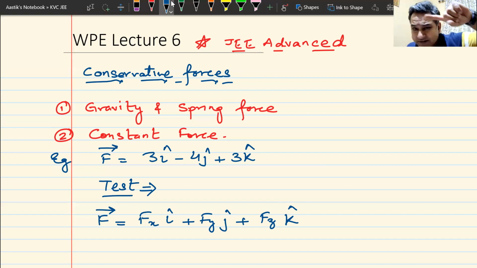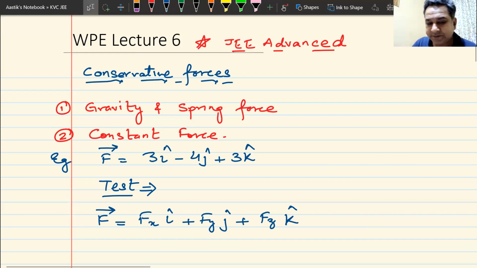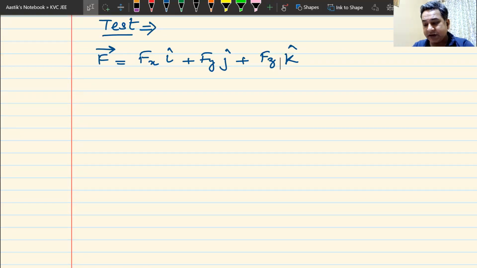We already know if this is gravity, conservative. If this is spring force, conservative. If it is a constant force, it is conservative. That means if Fx, Fy, and Fz are all constants, then it's a conservative force, not a problem. But what if all are not constants? How do I find out whether a force is conservative or not?